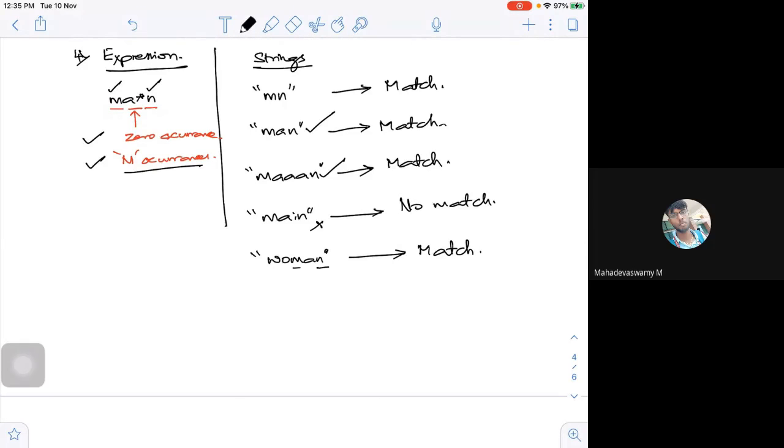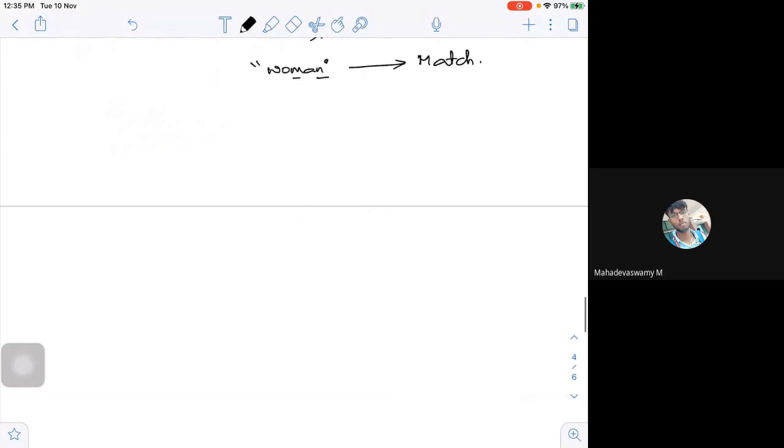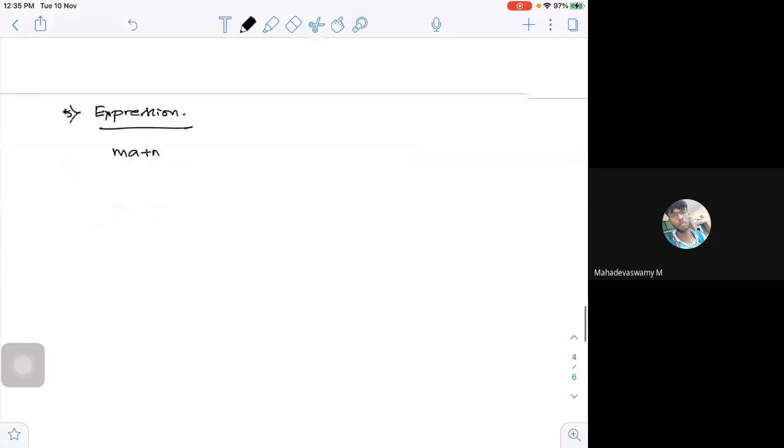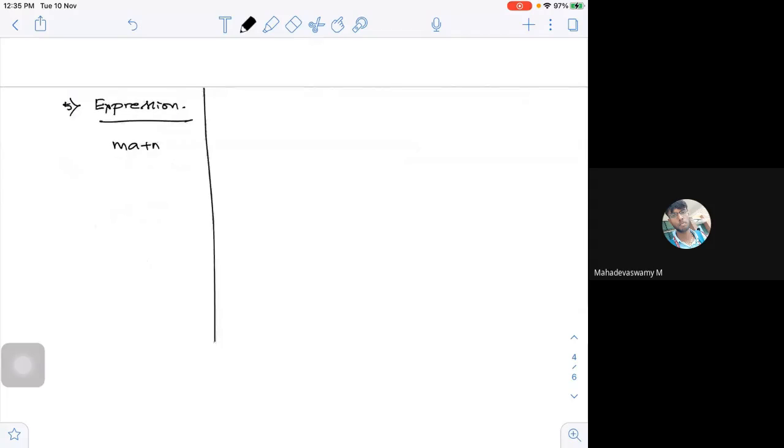Suppose, for example, I use MA plus instead of this. Let me take an expression. The search expression is something like this: instead of MA star, I will use MA plus N. For this, let us try some strings and check the examples.